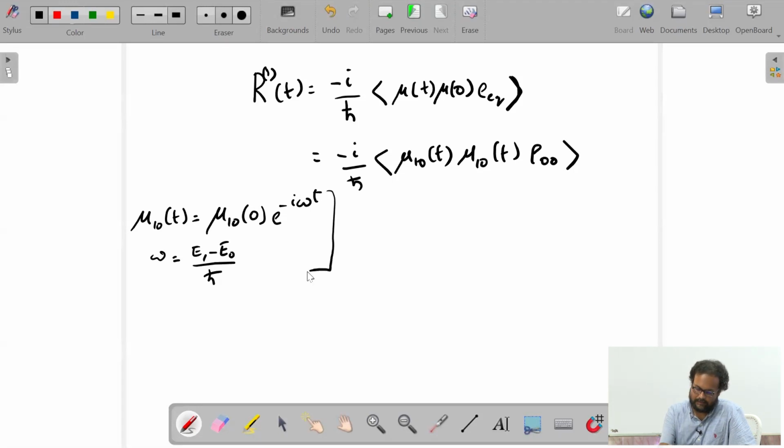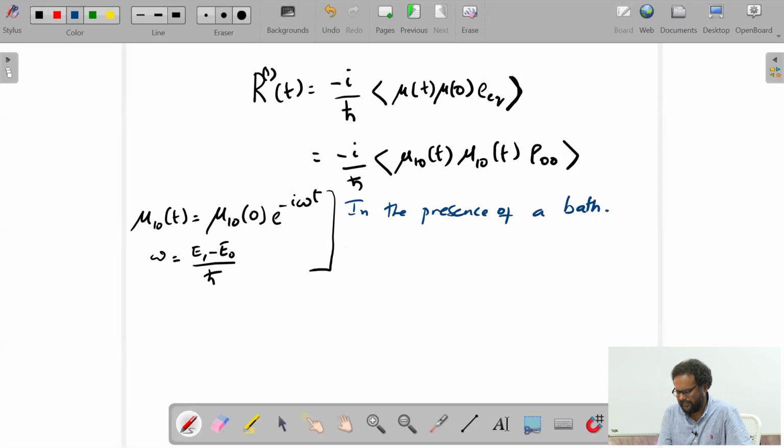Remember, this is in the absence of the bath. In the presence of the bath, we have already done this, but I'm going to introduce it in a slightly different way, which is probably more meaningful. Going back to the physical intuition, in the presence of the bath, the system is interacting with the bath.